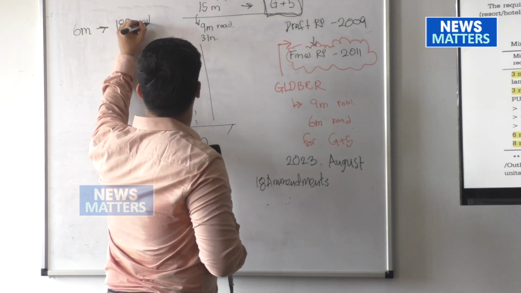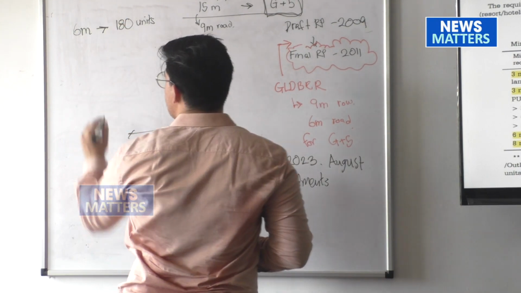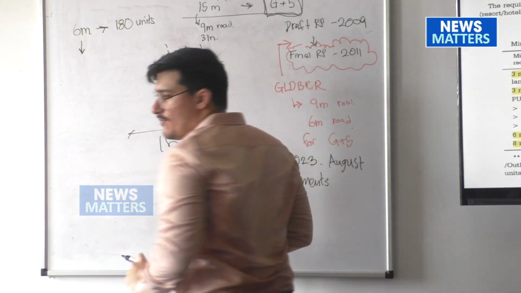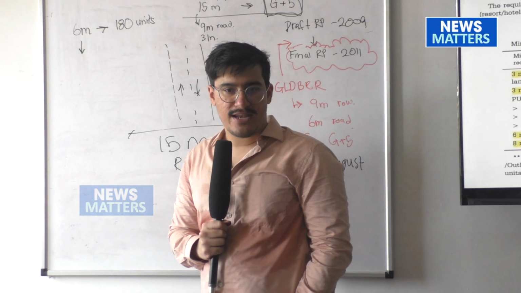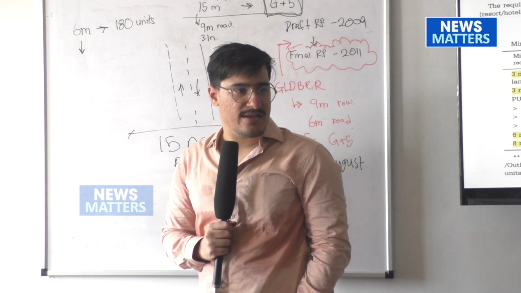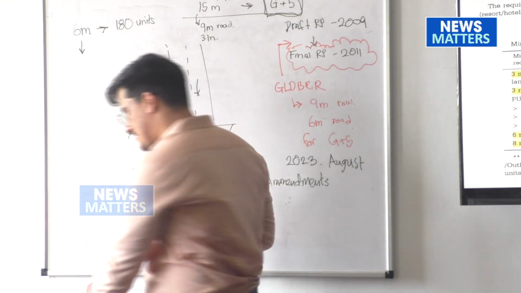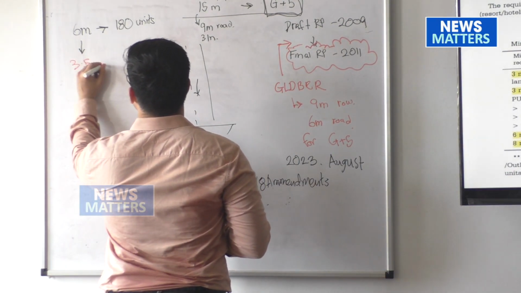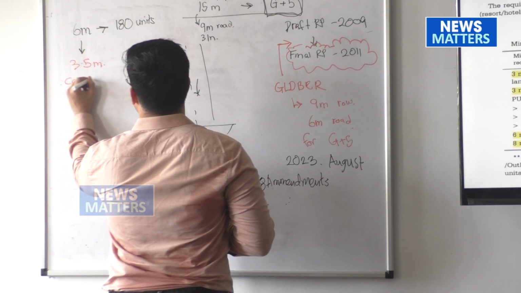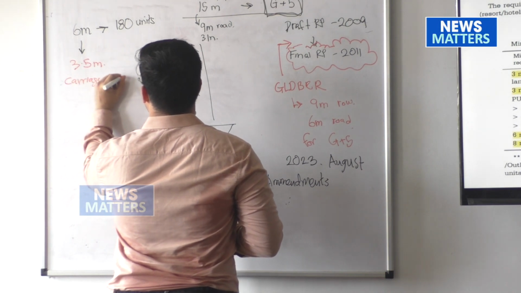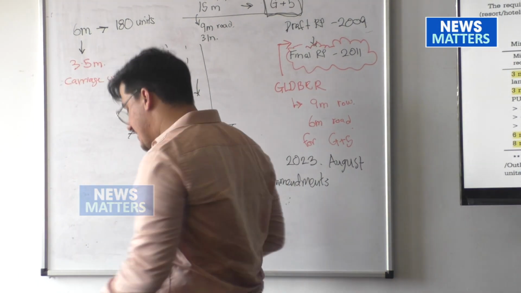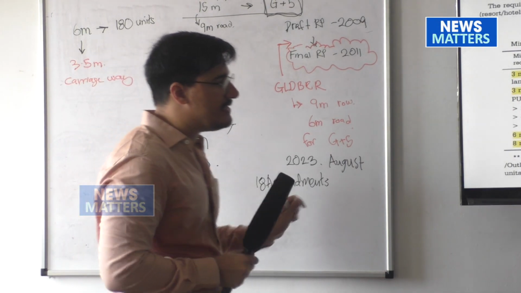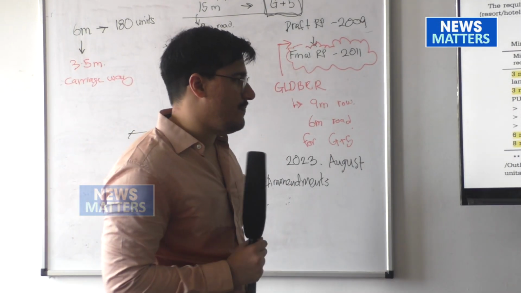So a construction of 180 units will now be allowed if there is a 6 meters right of way. 6 meters right of way means 3.5 meters carriageway. And this is what I call the death knell to Goa.